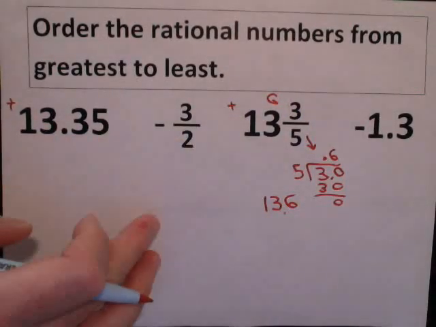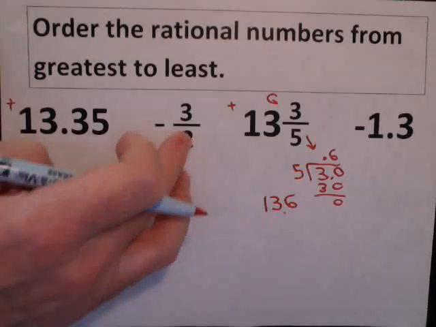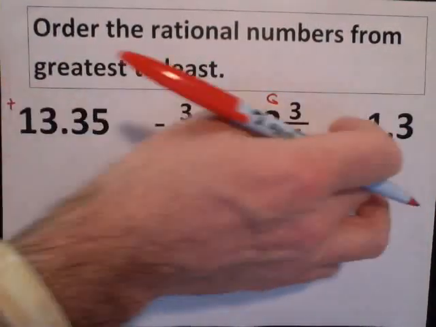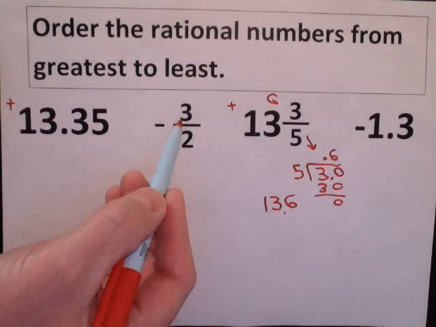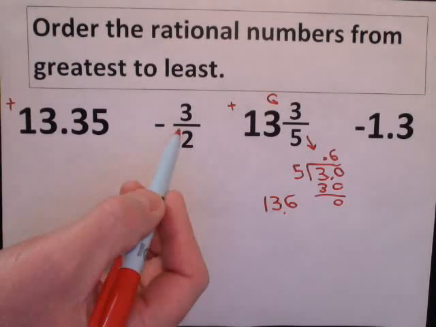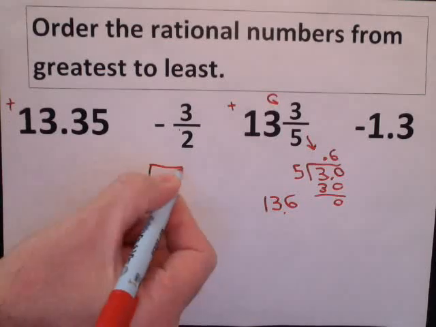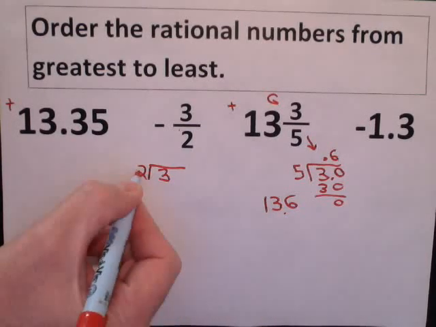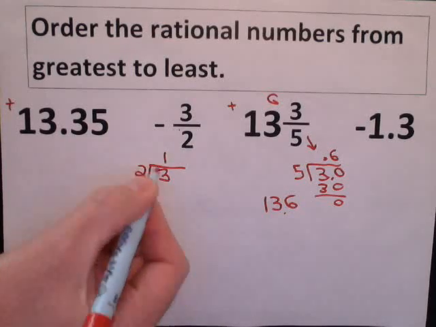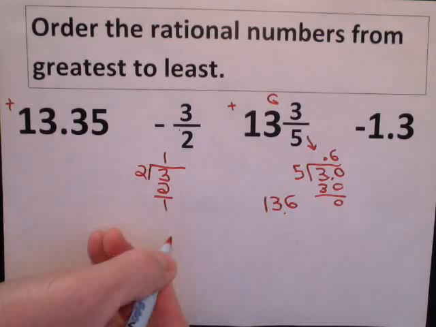Alright, now we're going to compare, again, these two. Now, what's nice is we can see that this is going to give us a mixed number. So if we do the division for 3/2, we put the 3 in here, and 2 out here is our divisor. 2 will go into 3 one time. Multiply, subtract.